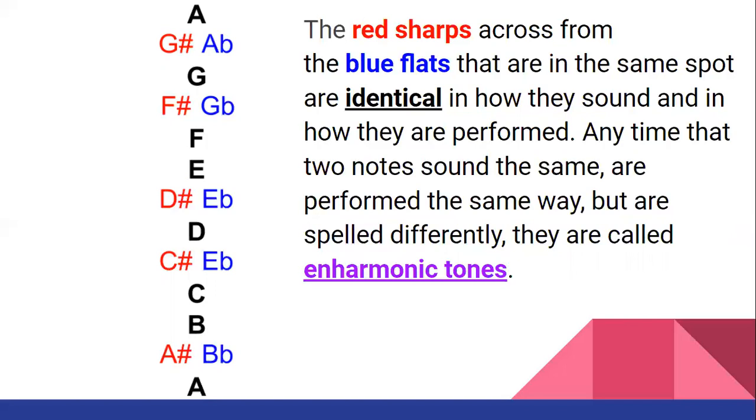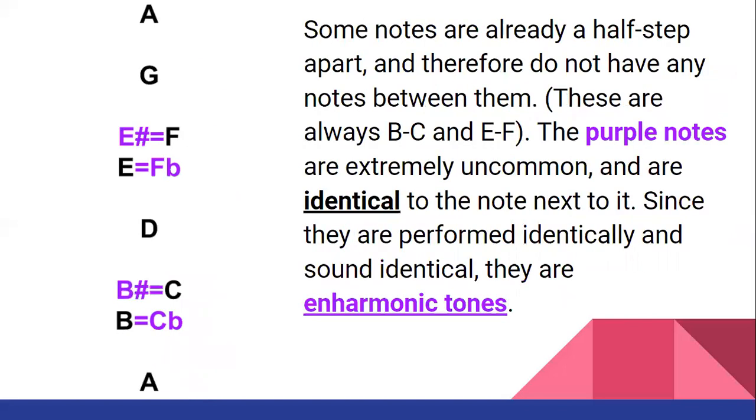Again, any time that two notes are identical, they're just spelled differently, they are called enharmonic tones. Same examples from earlier in a different order. Since between B and C it's already a half step, we have some very uncommon enharmonic tones there, and same goes with between E and F.